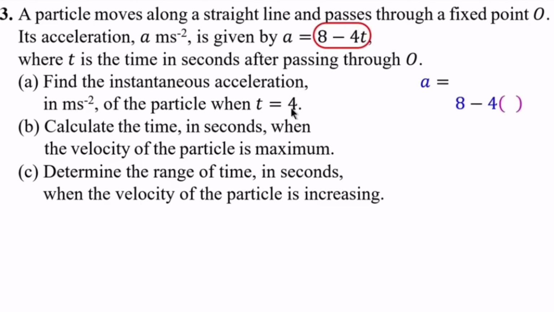We just substitute t equal to 4 into the function. So a is negative 8 meter per second per second. So then we will proceed to the next one.